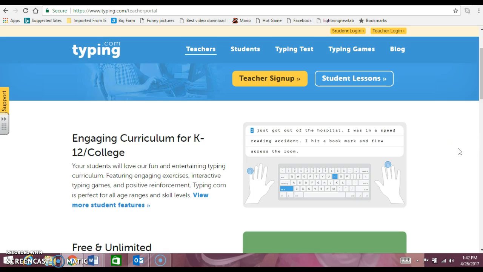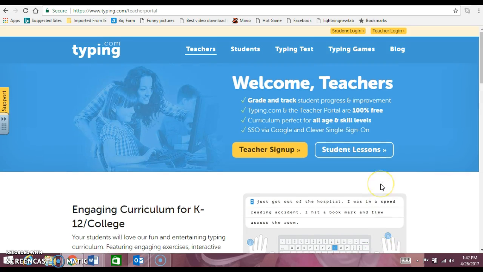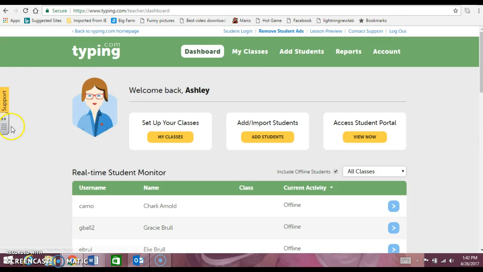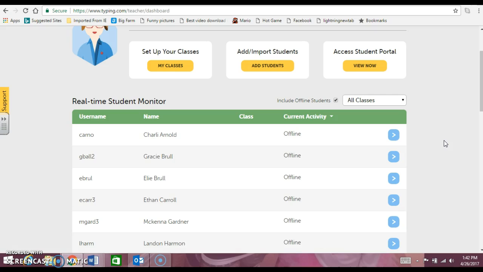After they've completed a lesson on a certain letter or whatever, they will be moved on to a test and then they can pass. It also keeps track of their words per minute, which is something the kids love. Okay, so I already have my class set up. That would be something you would have to do as a teacher to get your class set up.